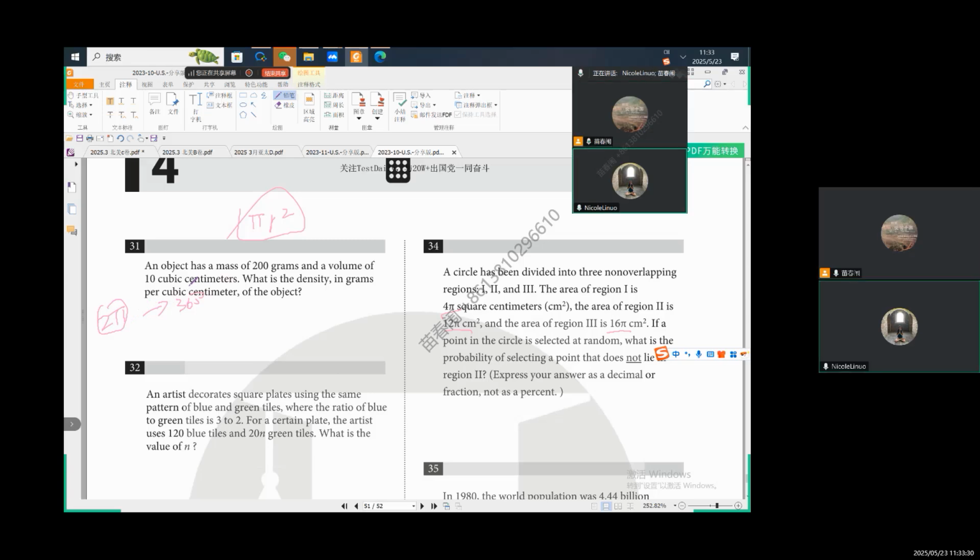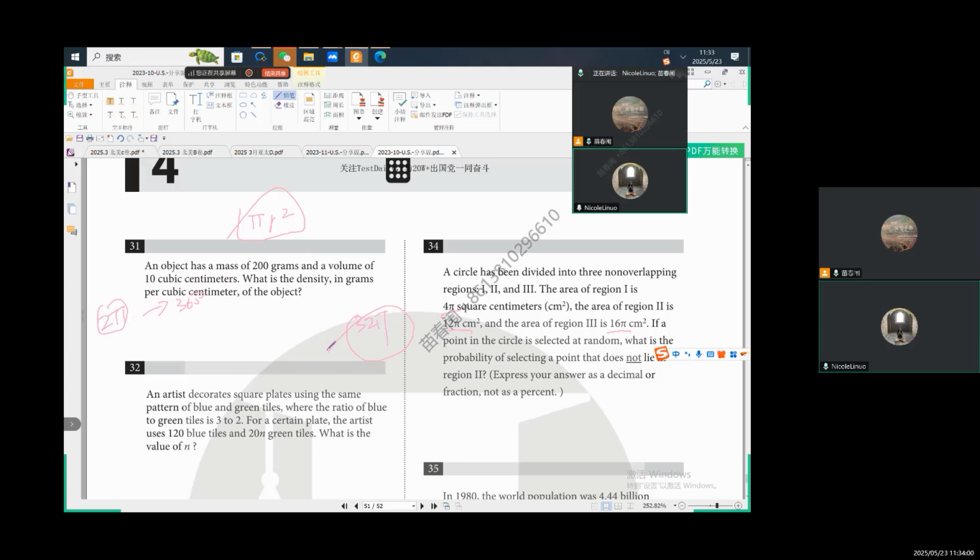The whole area is you add these 3 together, which is 32 pi, right? So I'm adding 4 plus 16 and putting it over 32 pi.